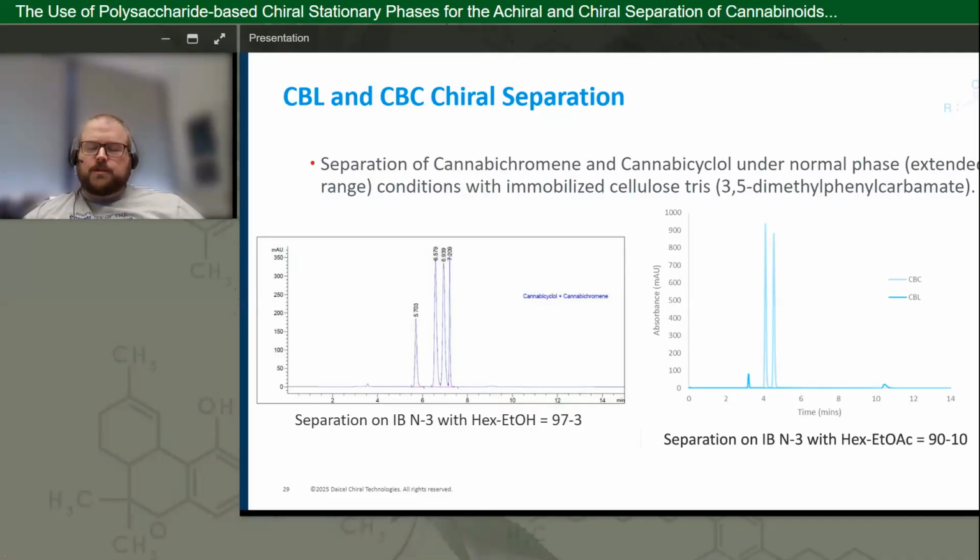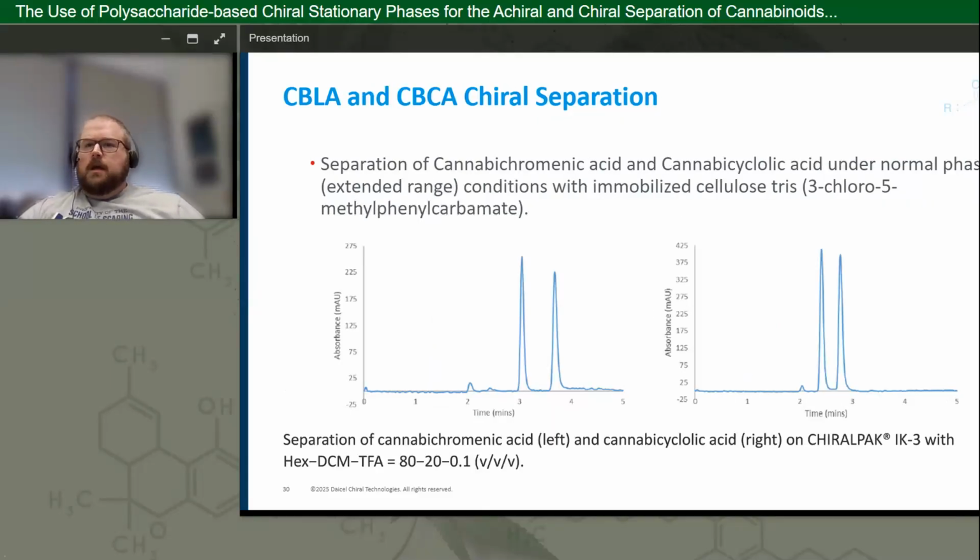So we have a lot of handles that we can play with when it comes to chiral separations, solvent being one of those. And then more recently, we were doing some of these acidic cannabinoid derivatives. I showed you CBL and CBC, but those also have acidic derivatives, CBLA and CBCA. Here, we're using what we call an extended range mobile phase.